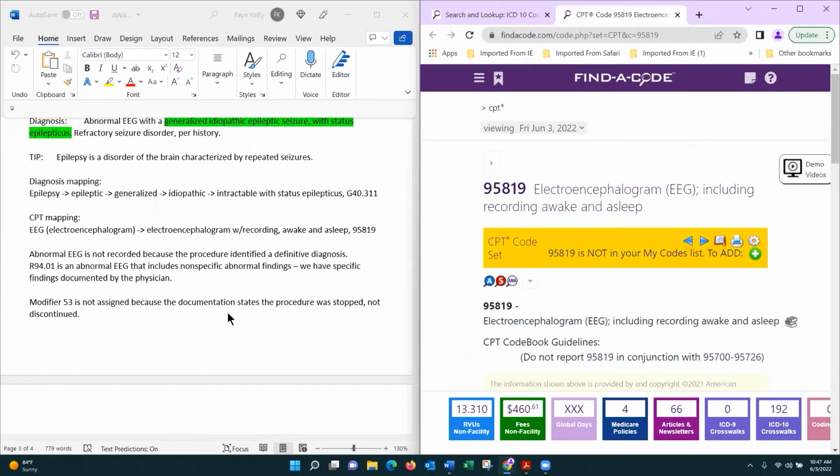This procedure was just stopped after the activity was accurately recorded onto the computer, and they stopped it before the patient went into another seizure. So there's no indication that there was a discontinuation.